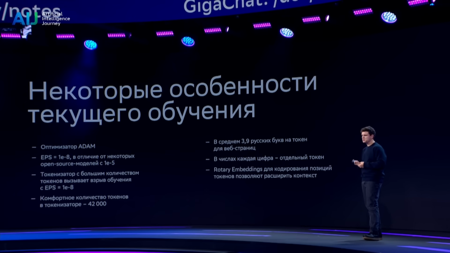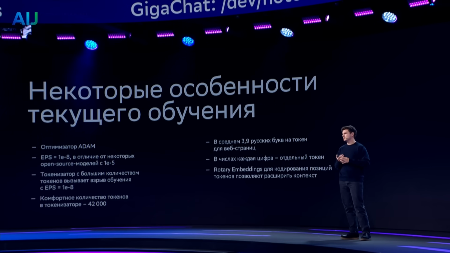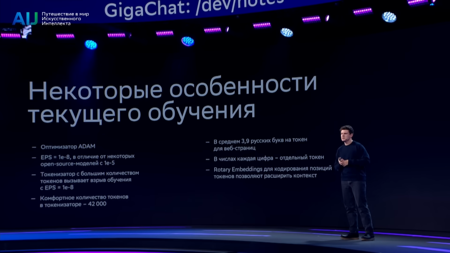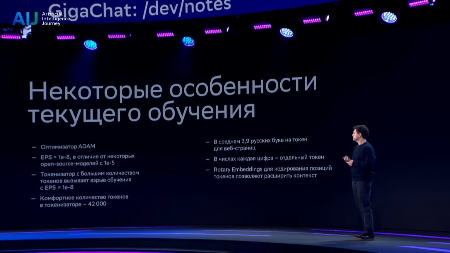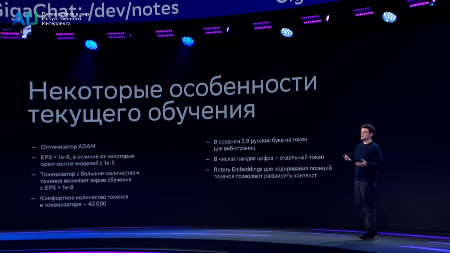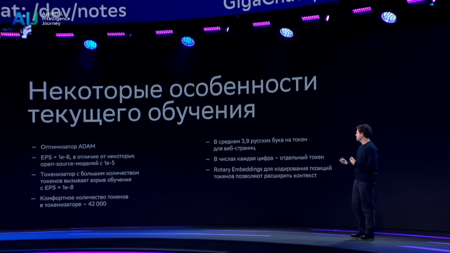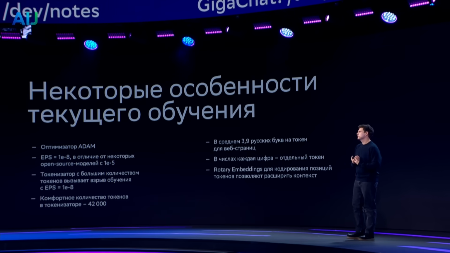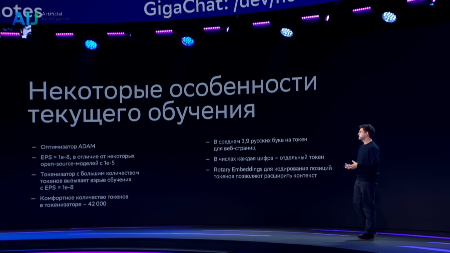The optimizer is Adam. The other optimizers did not demonstrate good results, and there is an option that with the optimizer is responsible for the aggressiveness of training. Our epsilon is 1e to the power of -8, which is not really comparable with the epsilon 1e to the power of -5.